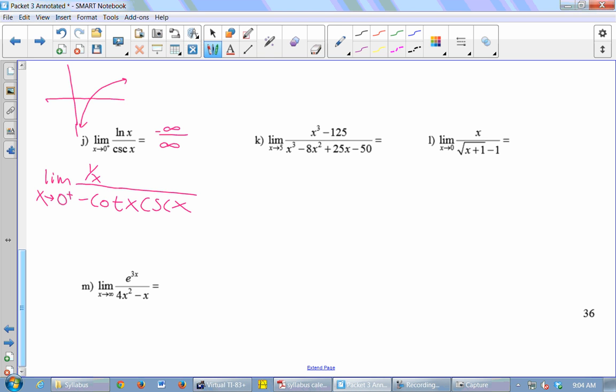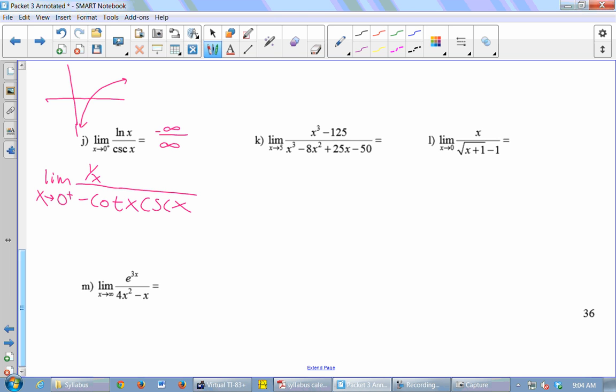All right, now we've got to approach 0 from the right. So what's happening to my numerator as x goes to 0? It's getting smaller. No, x is getting smaller. What's happening to 1 over x? It's getting larger. It's going to infinity.